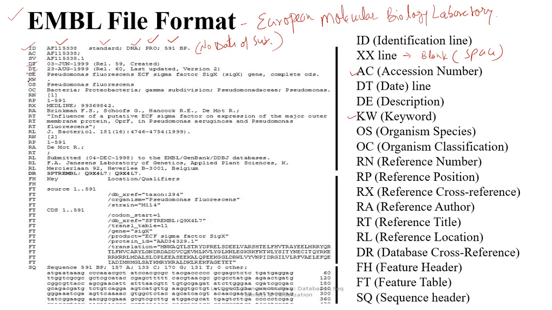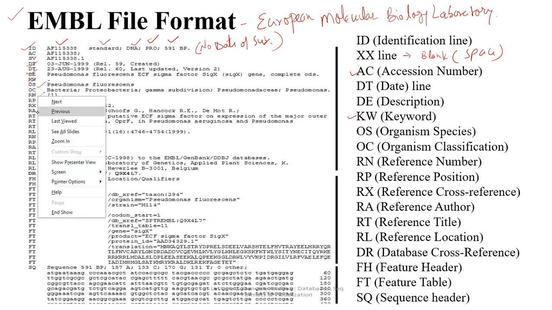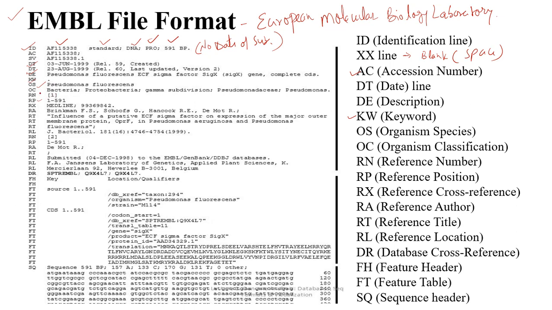KW is a keyword. OS is organism species. OC is organism classification. RN is a reference number. RP is reference position. So 1 to 591, it's a complete sequence. RX is reference cross reference. So from Medline you can also find this one.